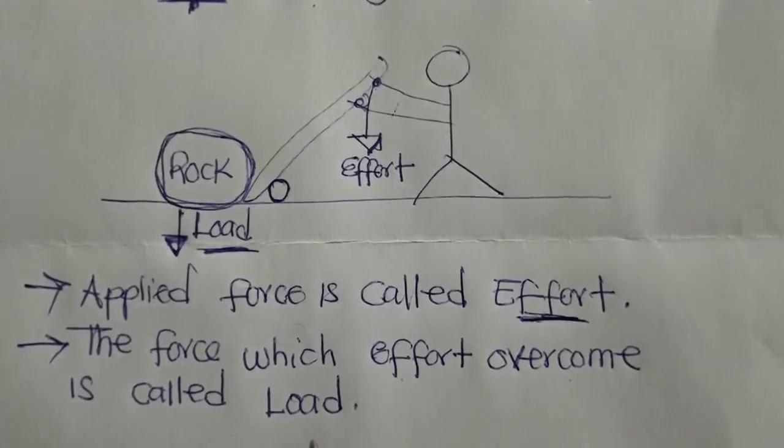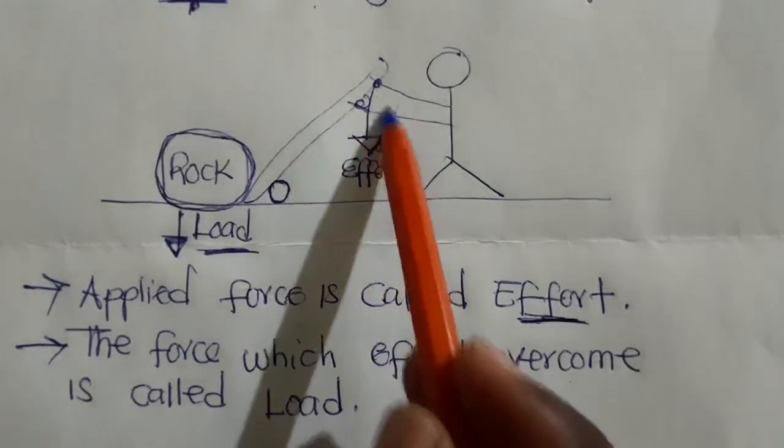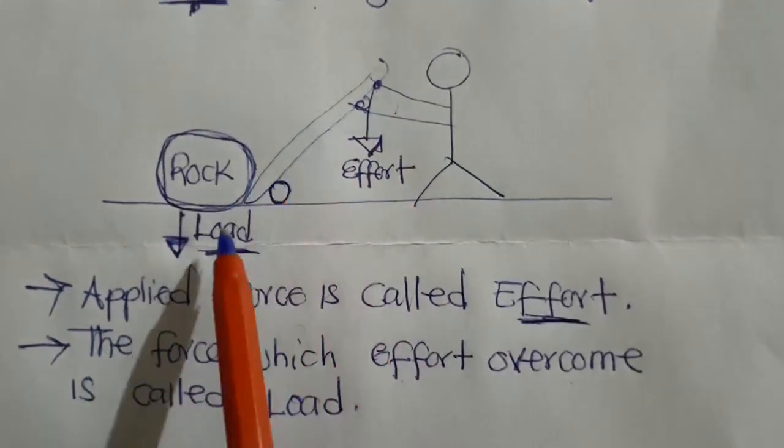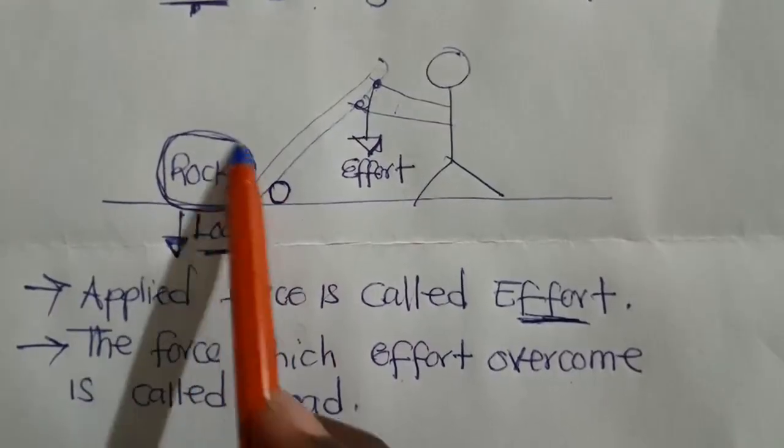The load. The force which an object pulls or pushes a machine is called the load. When you have seen effort is here, then this machine is pushing this thing here. This thing here, this is what we are calling a what?